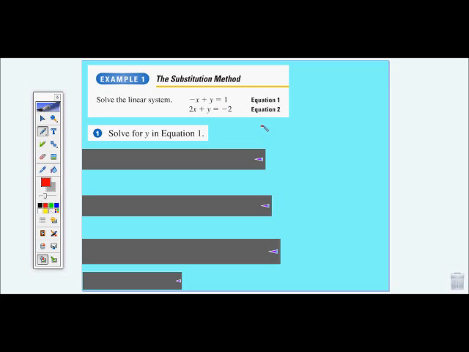To do that, I'm going to do the shortcut here, and I need to add x to both sides. It eliminates x on this side, leaving y only.